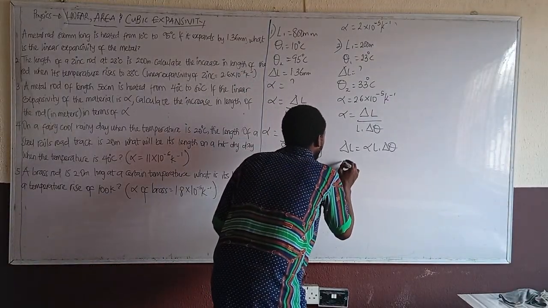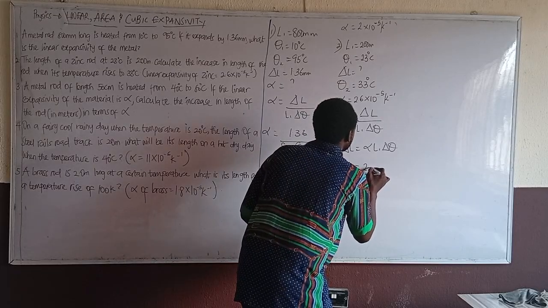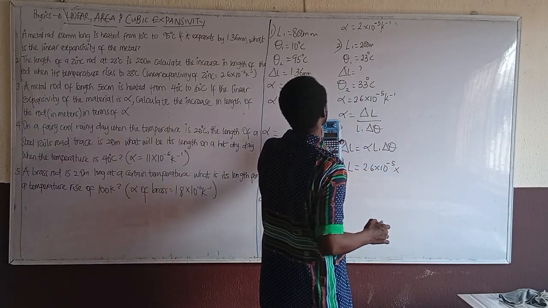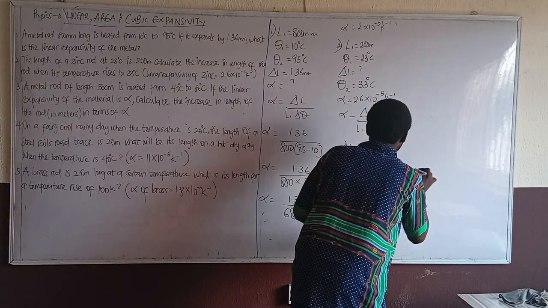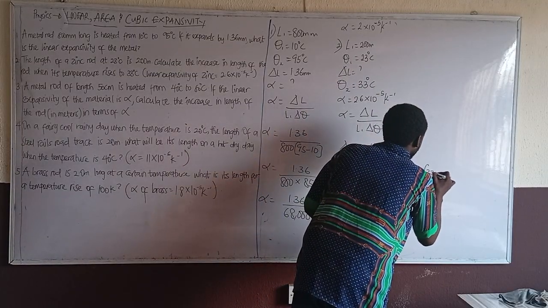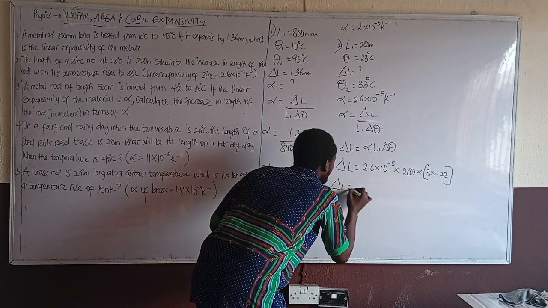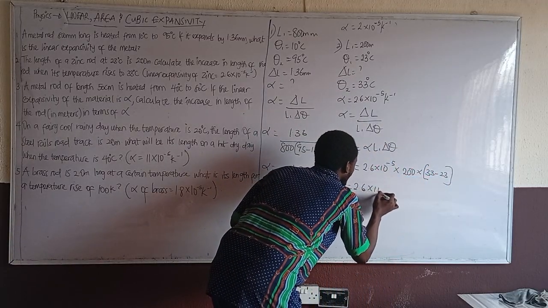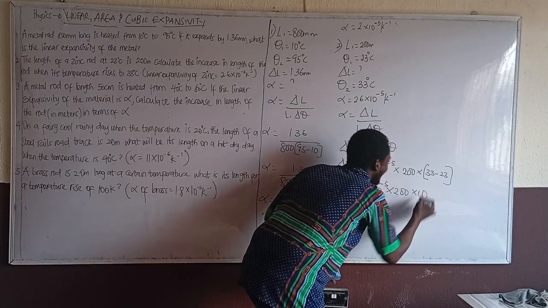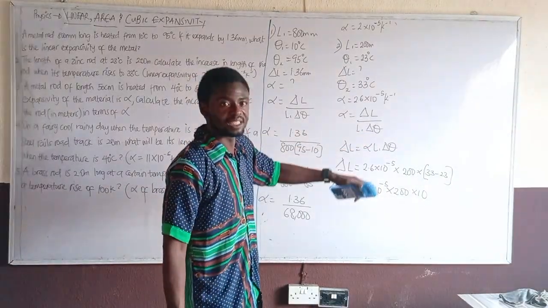So my change in length becomes 2.6 times 10 raised to power minus 5 times the L1, which is 200, multiplied by the temperature, that is 33 minus 23. So my change in length becomes 2.6 times 10 raised to power minus 5 multiplied by 200 multiplied by 10. 33 minus 23 is 10.